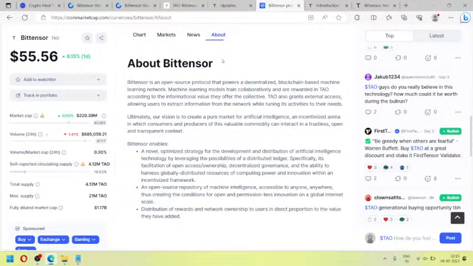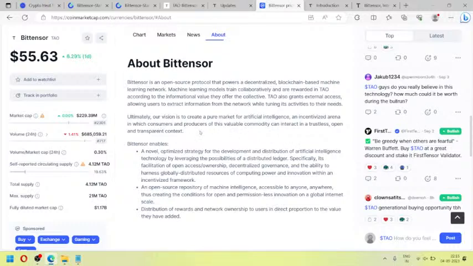You can see Bittensor has a pure market. They want to create an artificial intelligence market, and for that they have to give incentives to the creators and consumers.